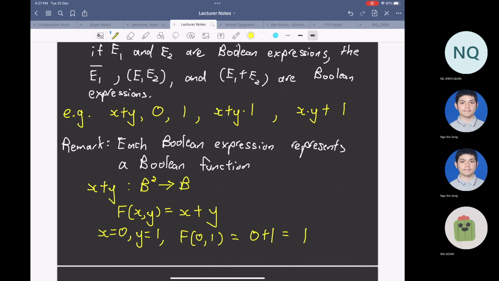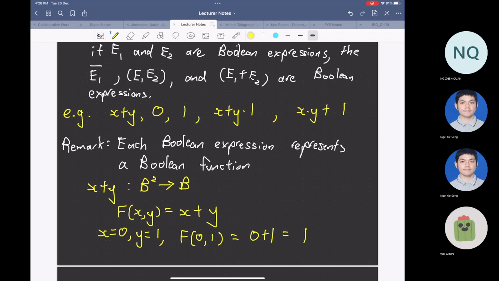Each Boolean expression represents a Boolean function. So in this case, you can see here we can add Boolean expressions, right? We also can multiply Boolean expressions, right? We also can take the complement of a Boolean expression.